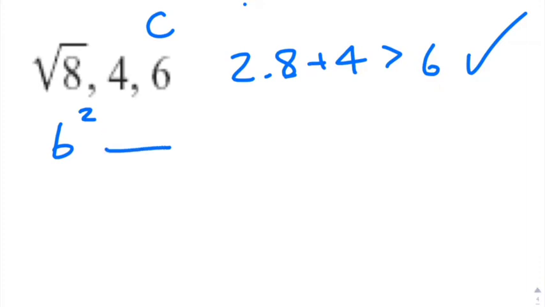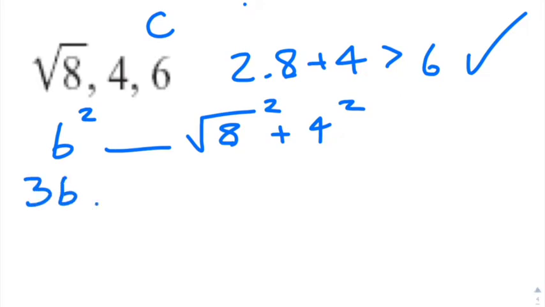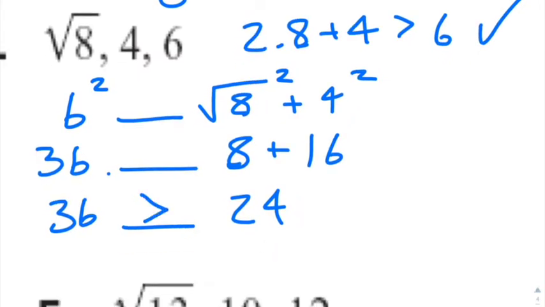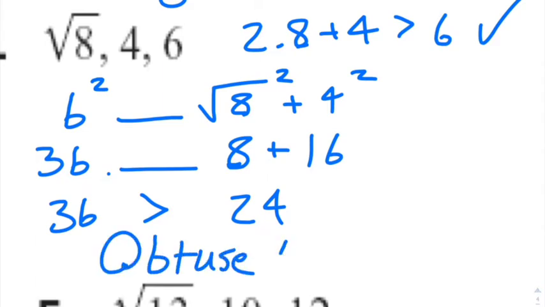Maybe it's less than, greater than. We're going to say the square root of 8 squared and then 4 squared. Now the 6 squared, that'll be 36. I'm not sure what sign goes right there. And then the square root of 8 squared is 8, plus 4 squared, which is 16. So then you got 36 blank, and then that'll be 24 right there. So obviously 36 is greater than 24. So since that's greater than, we have an obtuse triangle.